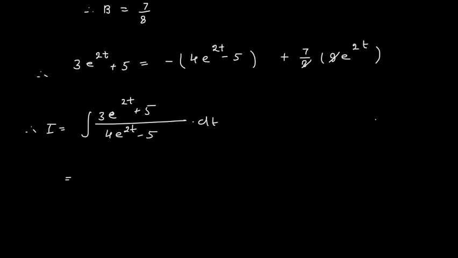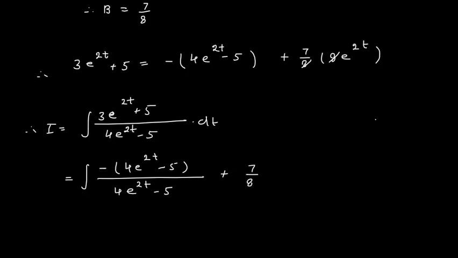Now this whole term will become the integration of a, so we write minus (4 e^(2t) minus 5) divided by 4 e^(2t) minus 5, plus b times, the value of b is 7 by 8, so plus 7 by 8 times the derivative of the denominator, which is 8 into e^(2t).